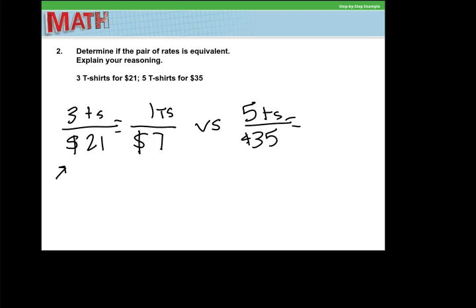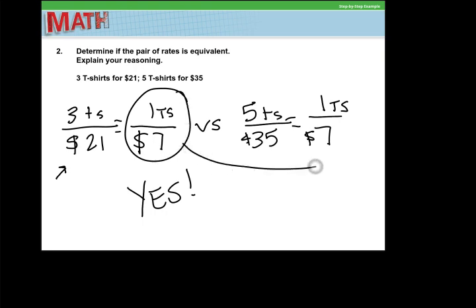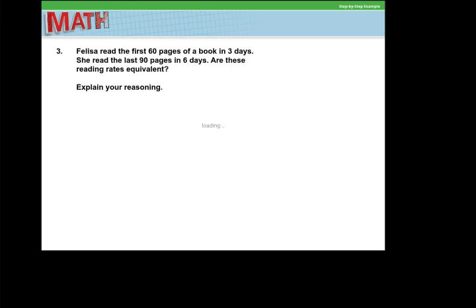So 5 divided by 5 is 1, and 35 divided by 5 is 7. So for 1 t-shirt, again, you're going to get $7. So are these equivalent? Yes, they are equivalent, because they are the exact same number. Okay, so example 3 is going to be on page 61 up at the top.